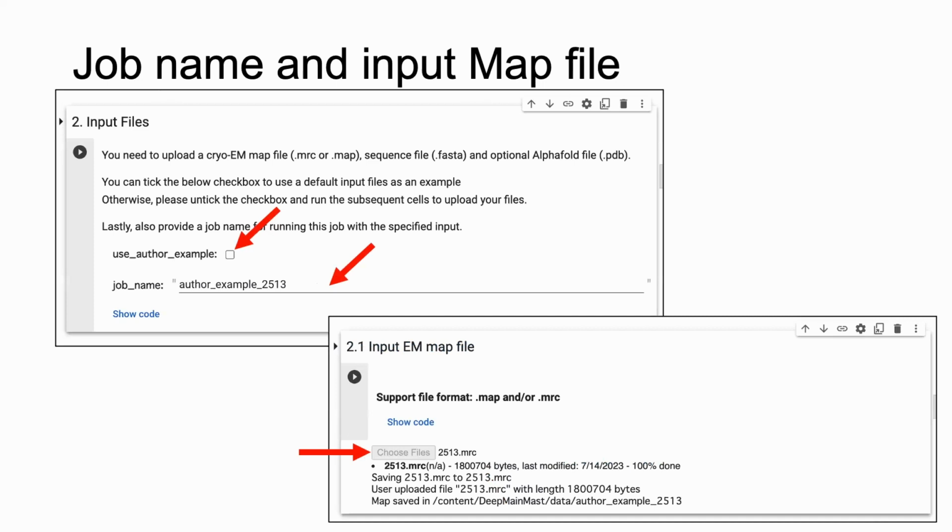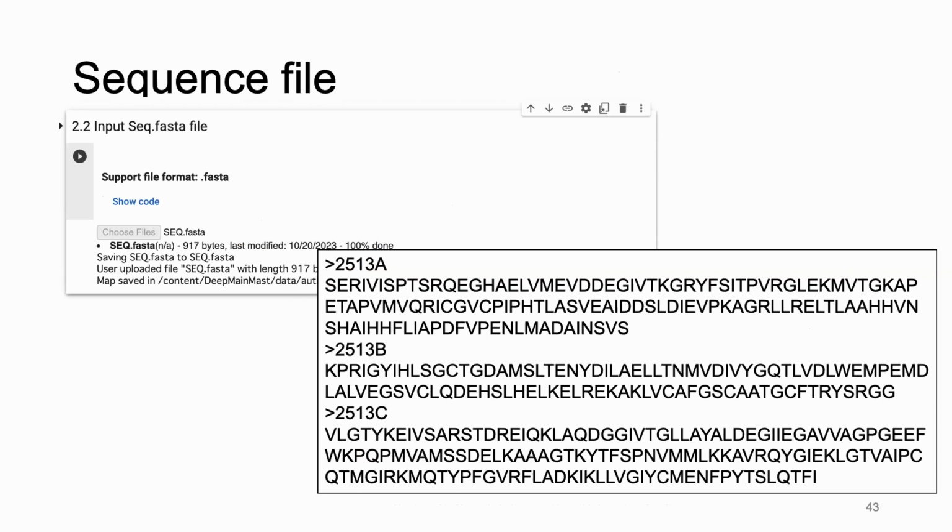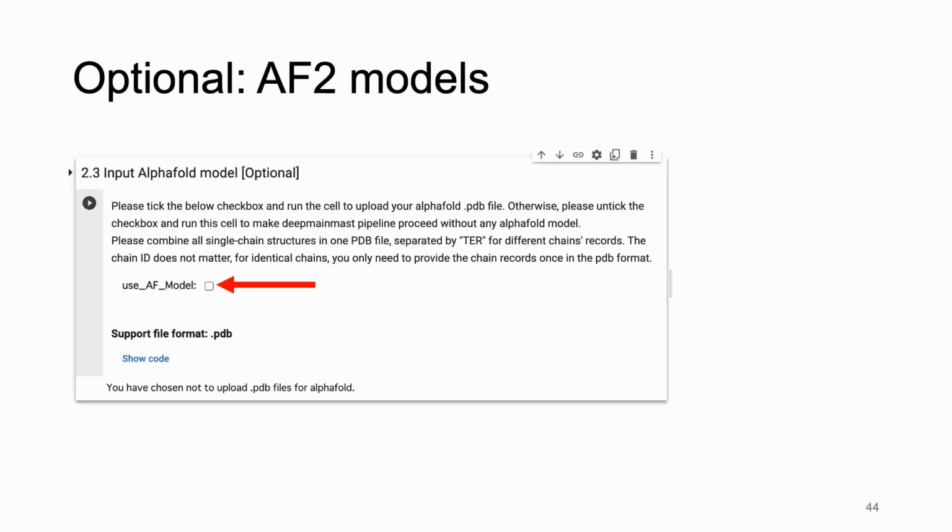So, job name, then run the script, then it asks you to upload your density map and sequence file. The sequence file should be in this format: chain A, this, chain B, this, chain C, this. Then if you already have AlphaFold2 models, please check these buttons, then this script automatically asks you to upload your AlphaFold2 models.